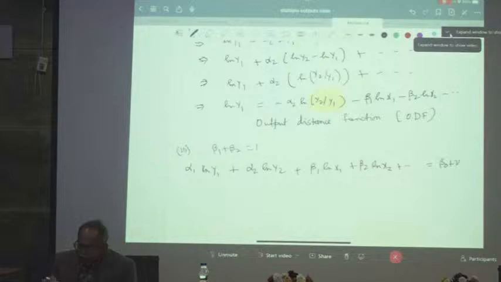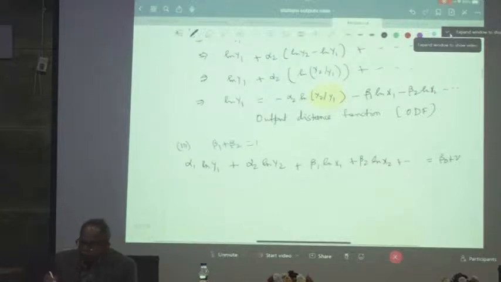Then you do the same manipulation that I was doing. If this is the case, you can write beta 1 as equal to 1 minus beta 2, and then replace beta 1 in here by 1 minus beta 2. Then just go through the lines that I was doing, and you will get an expression that looks like this.